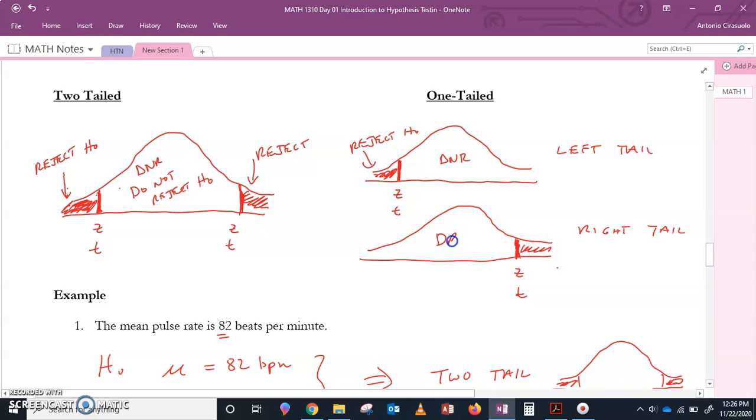Do not reject anywhere here, and then we would reject here. These are the critical values that we look for that divide our graph into rejection region and non-rejection region. So critical region, non-critical, critical, depending on the scenario.